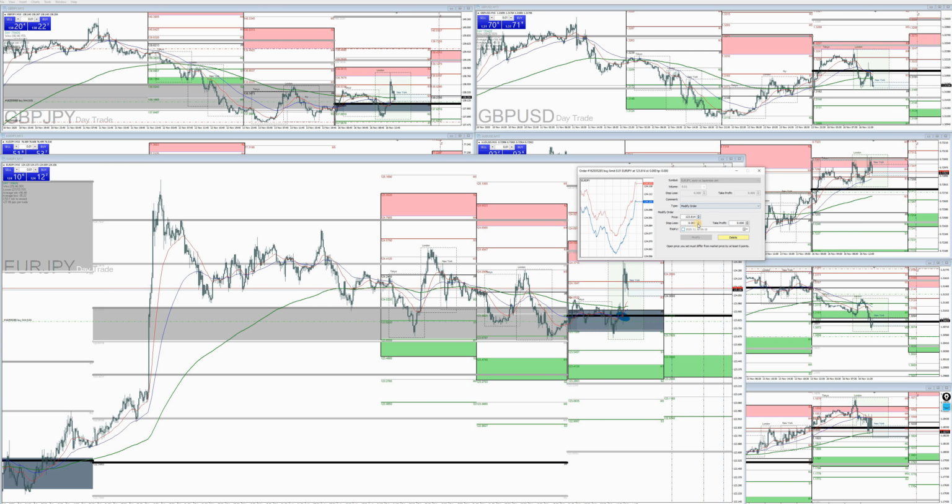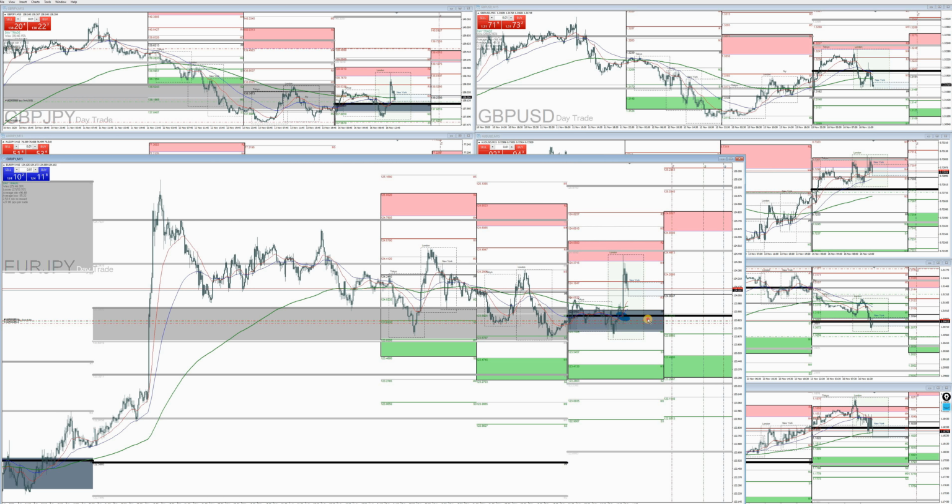Might be a tomorrow trade. So we'll go ahead and drop these targets here. S1. Okay, so this is when I'm going to pause it while I write down my orders.